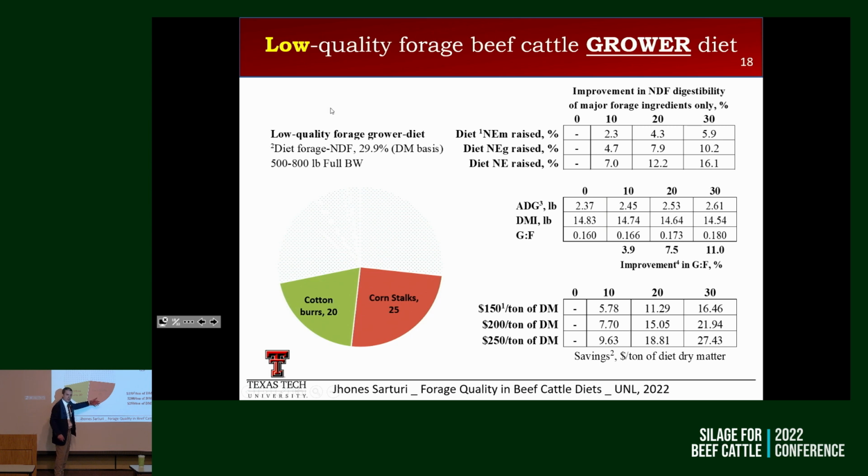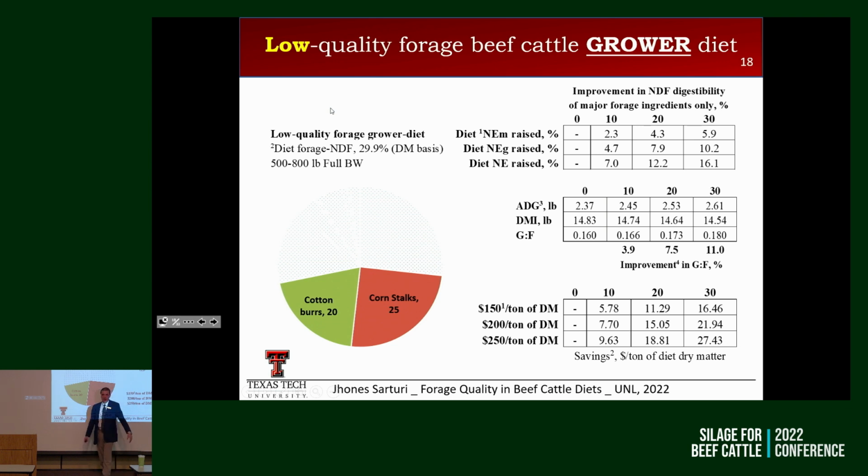So that's the impact. The impact is coming from the greater amount of NDF that they provide to the diet, and the great opportunity they have to be improved, because these two are low-quality fiber digestion. So how would this represent savings in dollars per ton?